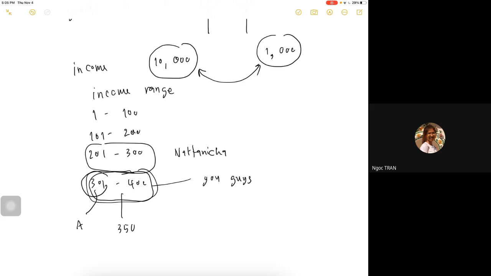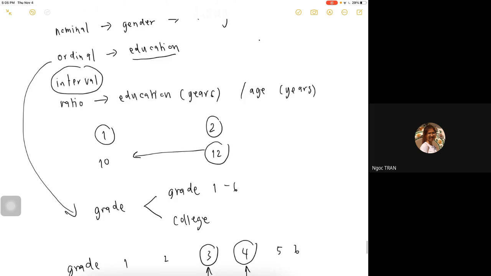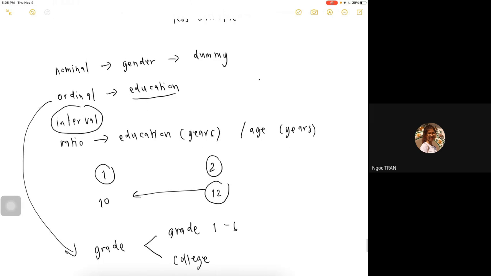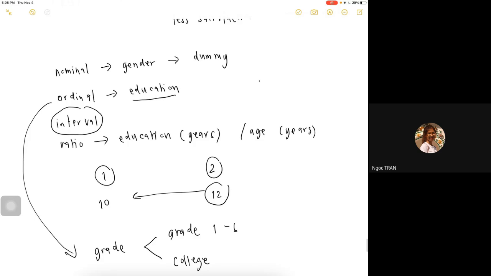Do you have any questions? So there are 4 different categories of variable. Nominal, you cannot compare anything. Ordinal, so both of them are still qualitative data. Ordinal is like, okay, you can compare, but you cannot say how much they are different.